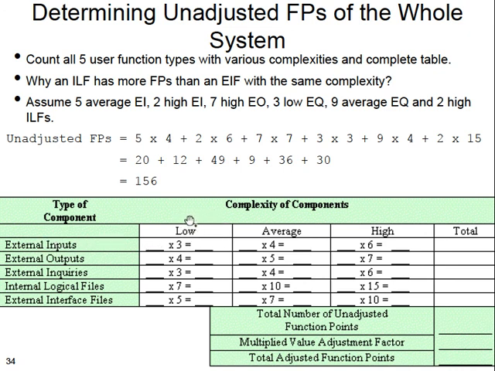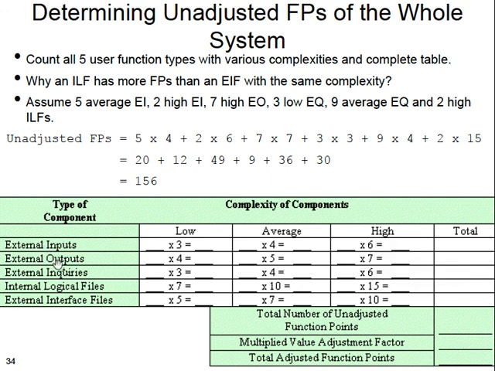This refers to the complexity. So if we have, let's say, one EI function, if it's low complexity, it will contribute 3 function points. If it's high complexity, it will contribute 6 function points.